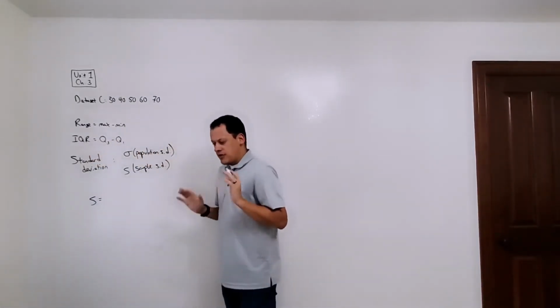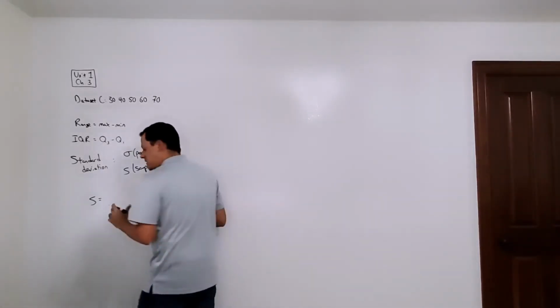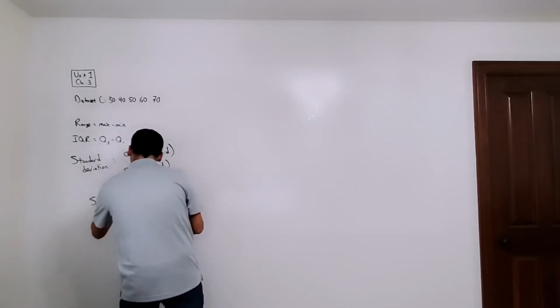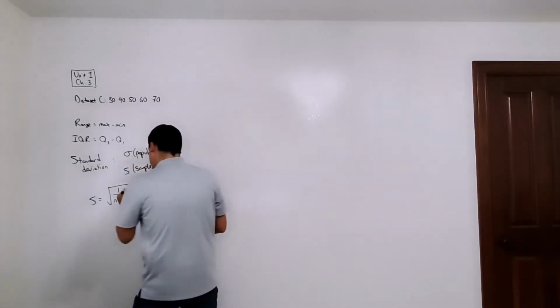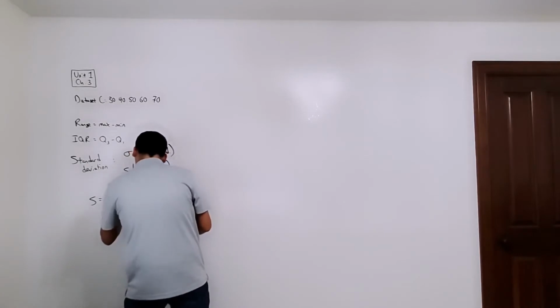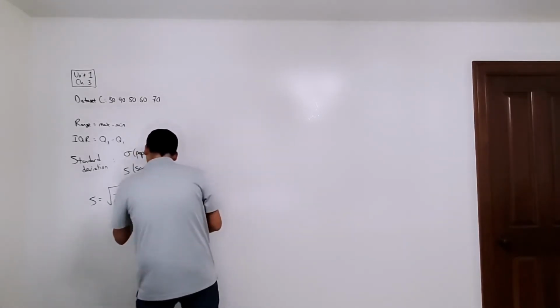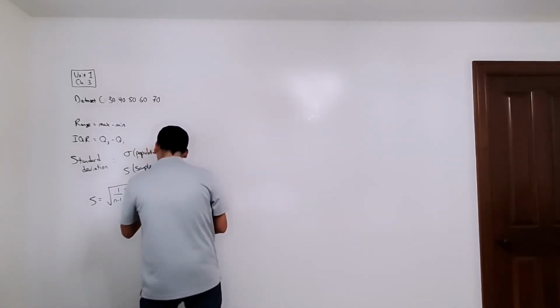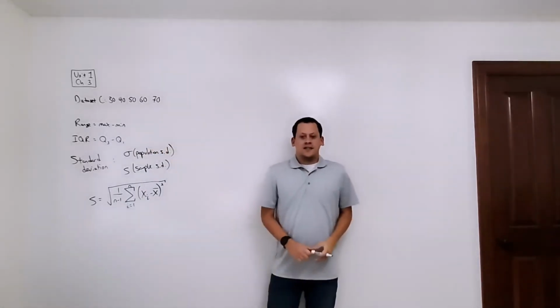So I want to make sure that I write the formula the way this textbook writes it, because there are some subtle differences between books. That's the formula.